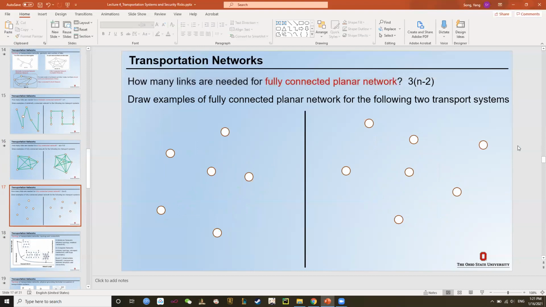There should be no intersection of links. Okay, the number should be n minus 2 multiplied by 3. So now we have 1, 2, 3, 4, 5, 6. So 6 minus 2 is what? 4. 3 by 4 is 12. Right?